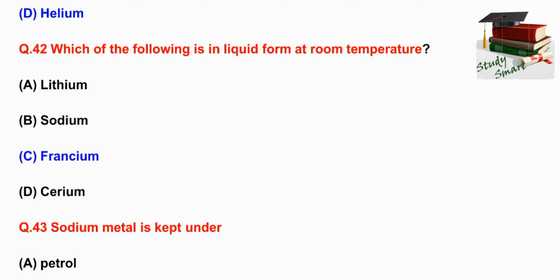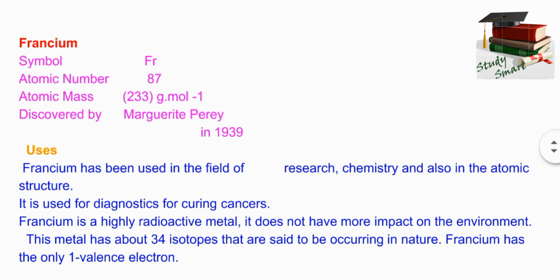Which of the following is in liquid form at room temperature? The right answer: francium. About francium, symbol Fr, atomic number 87, atomic mass 223 g/mol, discovered by Marguerite Perey in 1939.